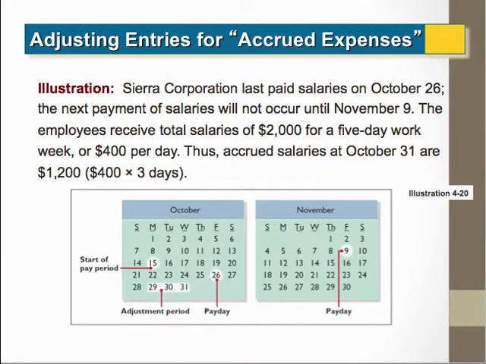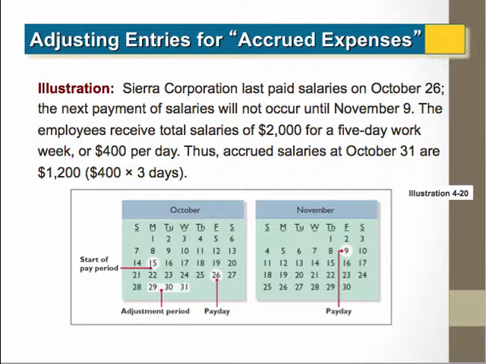Another example. Sierra Corporation pays salaries on October 26. The next payment of salaries won't occur until November 9th. Remember, we're doing this for October 31st, so the employees have been working October 26th through October 31st.